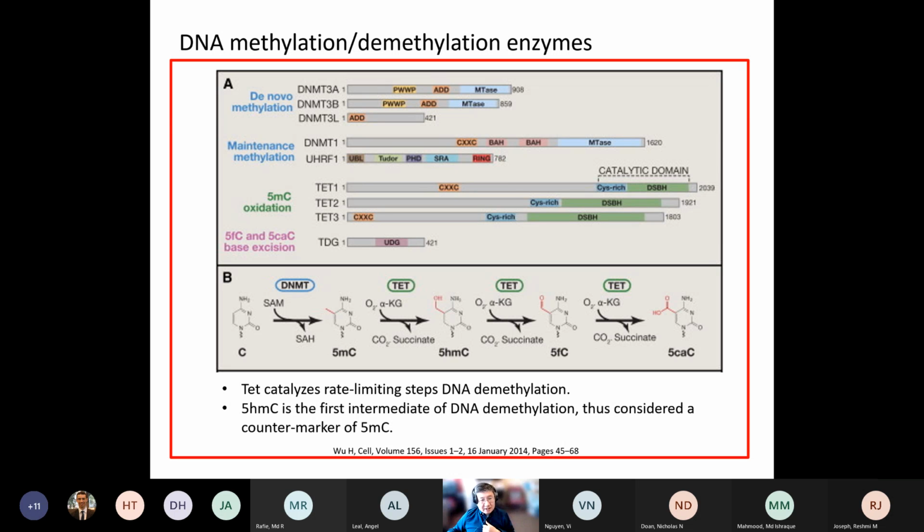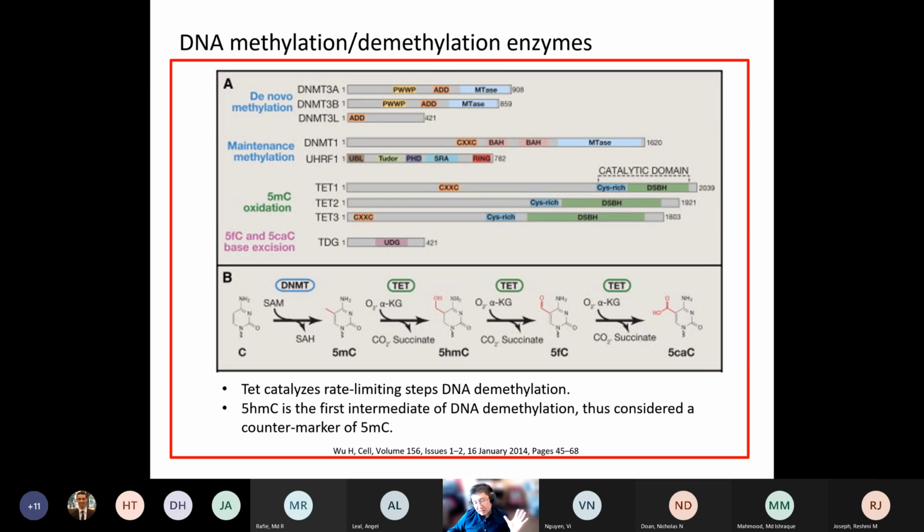Well, the demethylation enzymes are quite complex. It's not as simple as the methyltransferase because demethylation takes multiple steps. Methylation is a one-step thing, but demethylation takes many steps. Even here, we don't have all the information of demethylation. So I just give you this description of methylation first. It takes SAM.